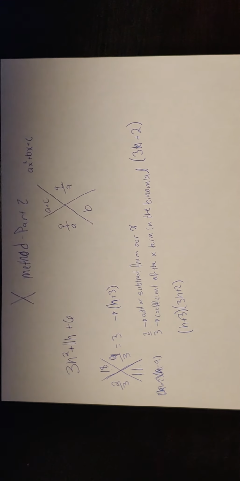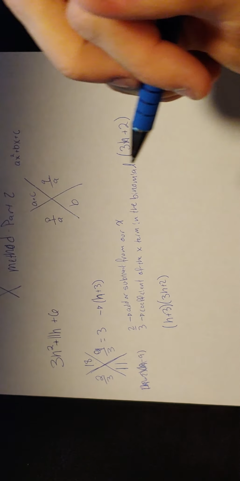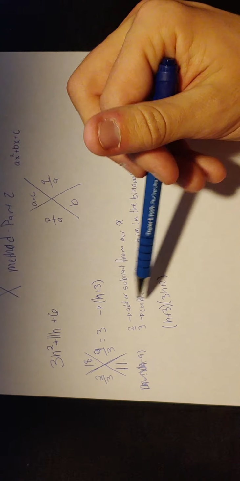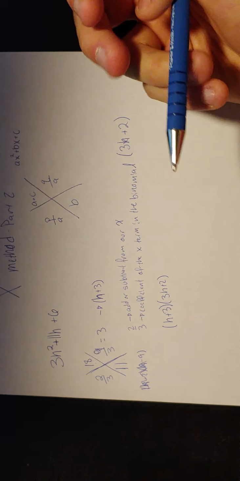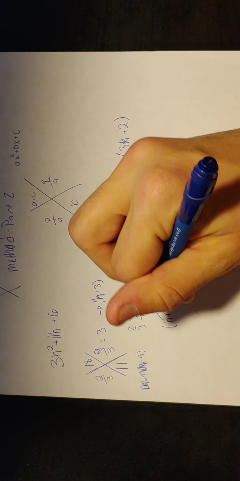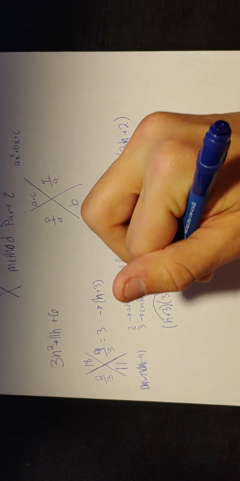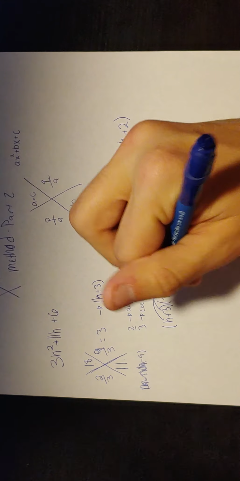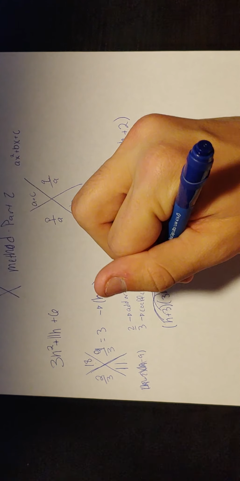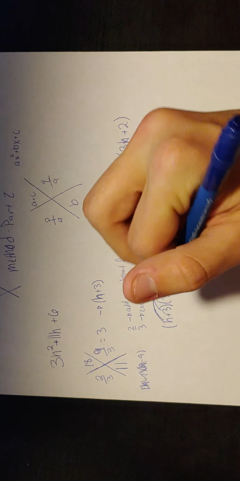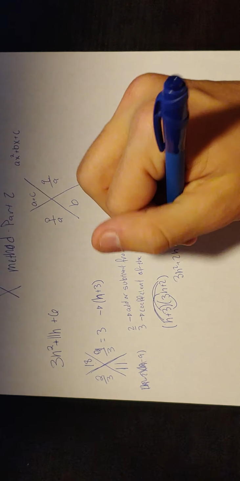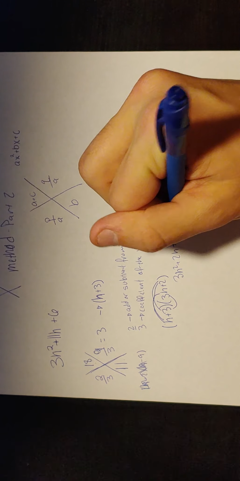And just to bring home the point, I'm going to show you that it does in fact equal our original trinomial. I'm just going to multiply everything out. So h times 3h is 3h squared. H times 2 is plus 2h. 3 times 3h is 9h.